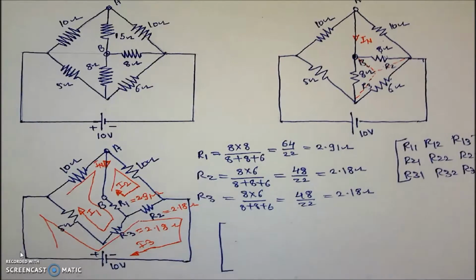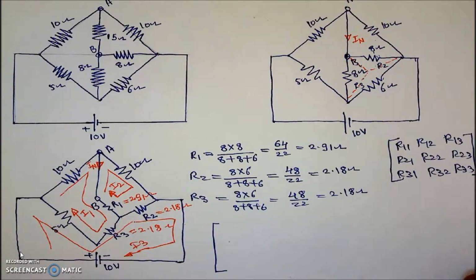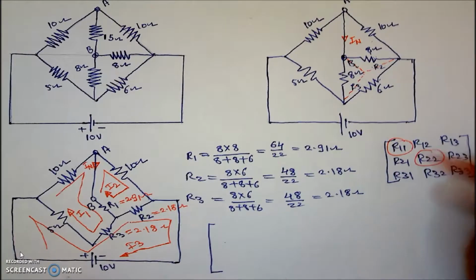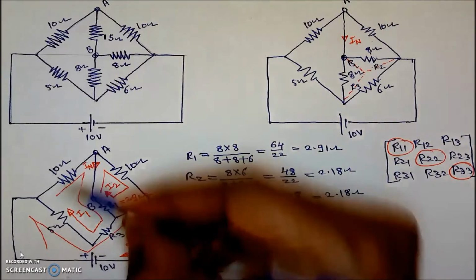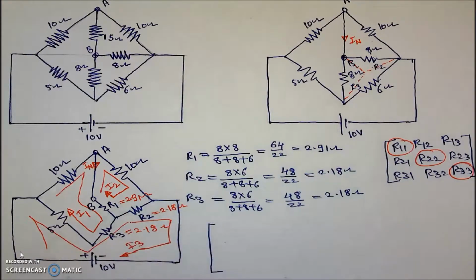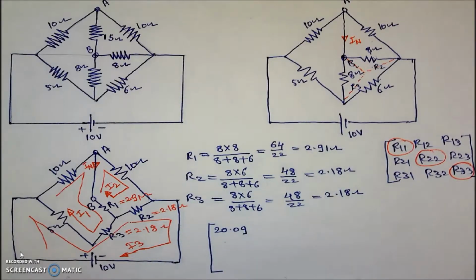First I will target the diagonal elements, that is R11, R22 and R33. R11 is the resistance which belongs to loop number 1. This is 10 ohm plus 2.91 plus 2.18 plus 5 ohm. If I take its addition, it is found to be 20.09, which is the first diagonal element.